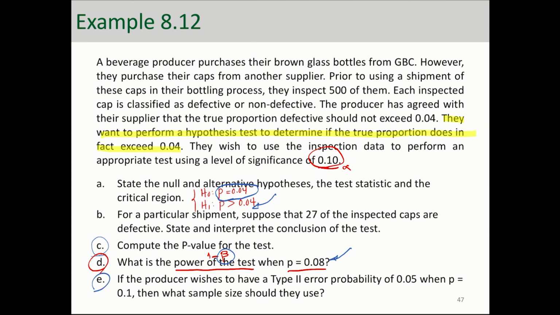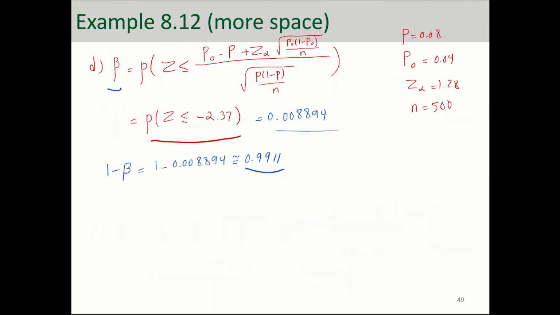Part E, it says, if the producer wishes to have a type 2 error probability of 0.05, well, now if we want to have a beta of 0.05, when P population proportion is 0.1, then what sample size should they use? Let's say that they want to have a probability of type 2 error of 0.05, which is actually way above the number that they have right now with this test, because this is the beta right now.